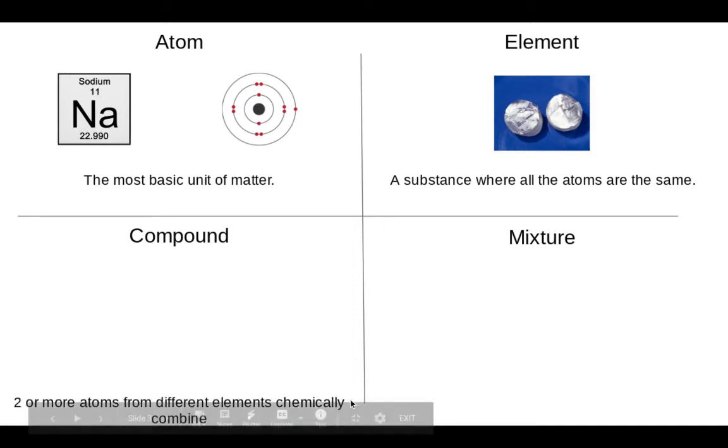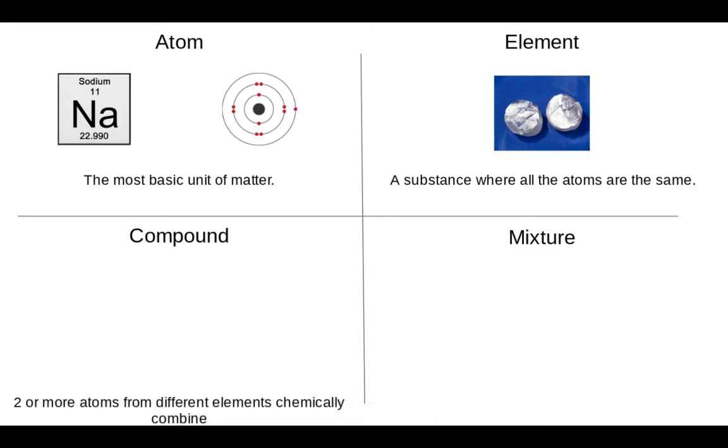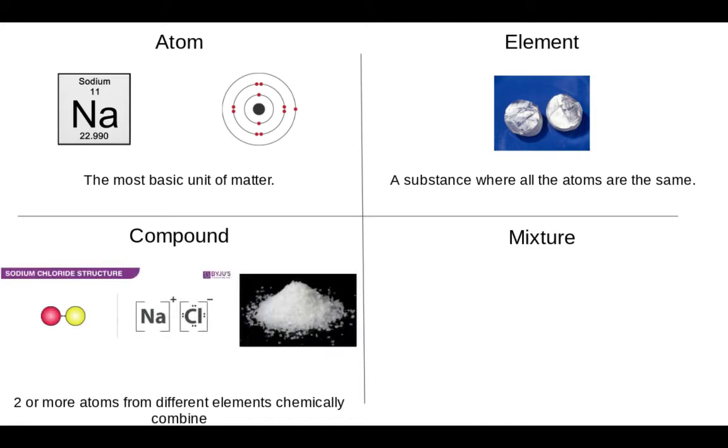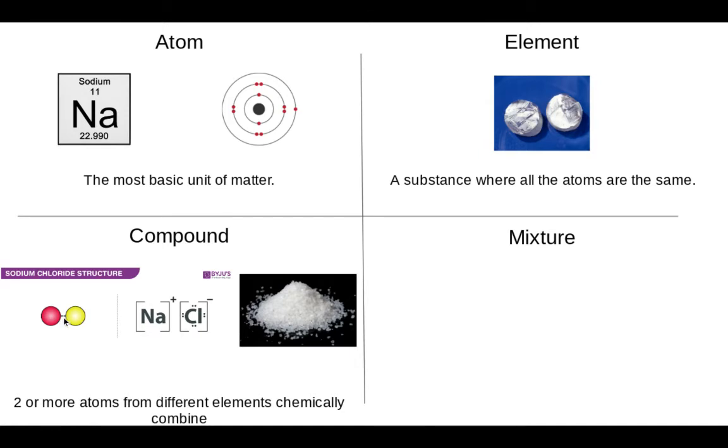Next is compound. Now, compound and mixture is when you get more than one atom mixing, okay? So a compound is two or more atoms from different elements, very important, different elements, which chemically combine. So the classic example is salt, which you have on your tacos. This is a compound because we have an atom of sodium here, sodium is Na, and an atom of chlorine, and they actually connect to each other.